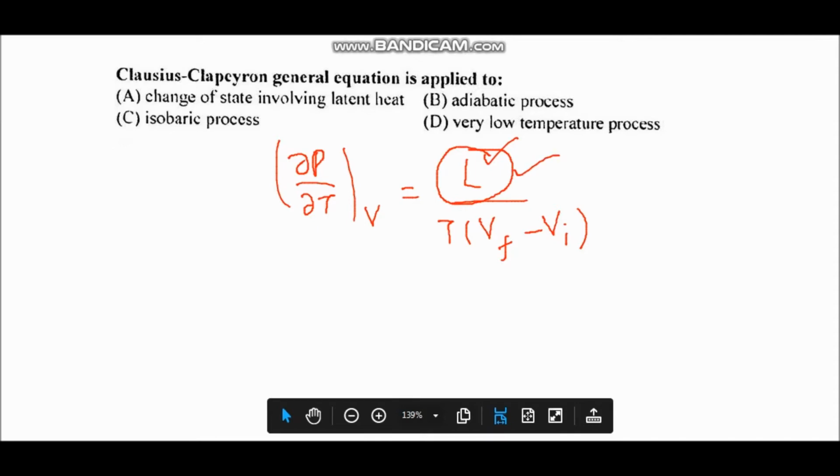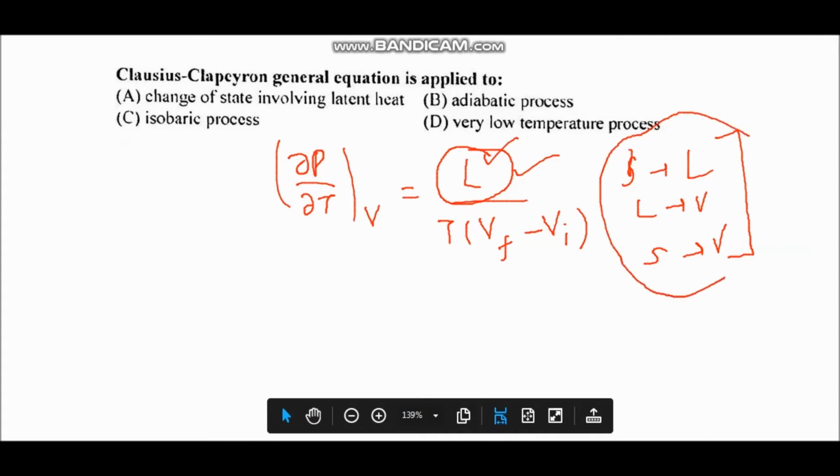We know that when the state of matter changes from one phase to another, like from solid to liquid, or from liquid to vapor, or from solid to vapor, in all these phase transitions the heat which is required, heat per unit mass, is called the latent heat.